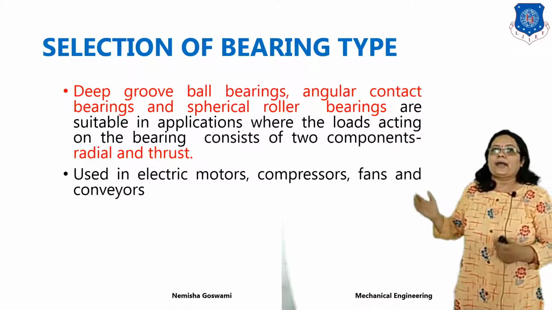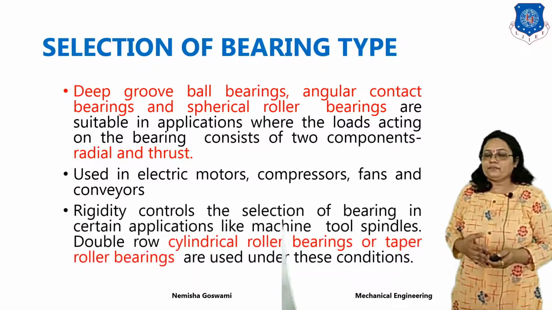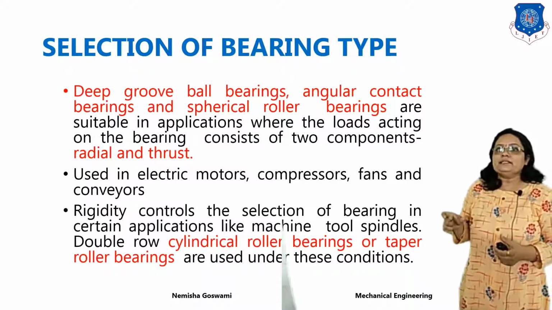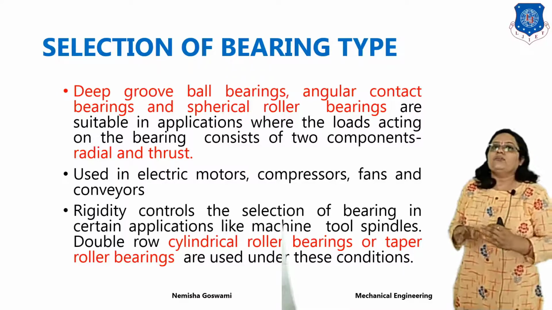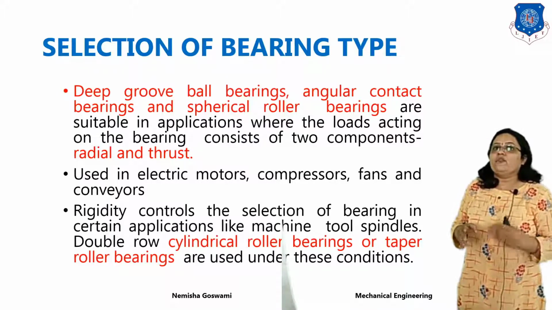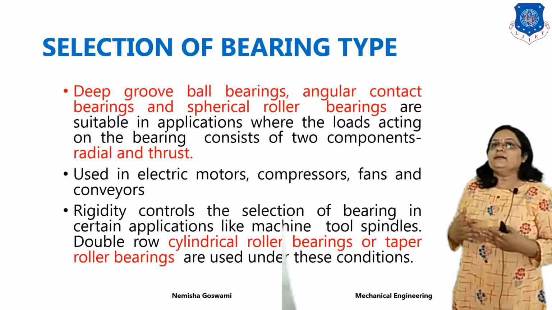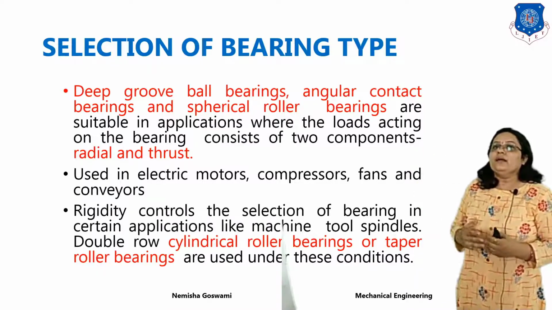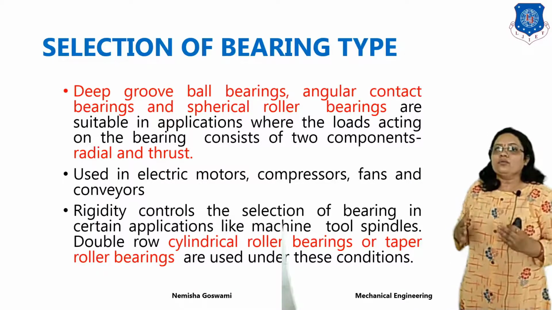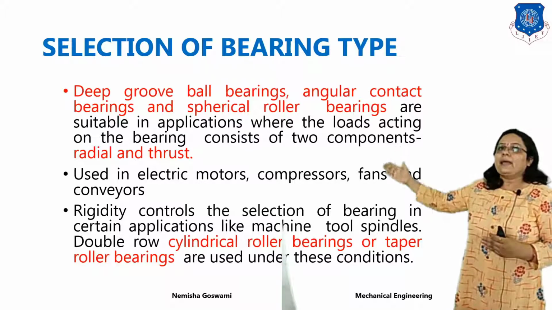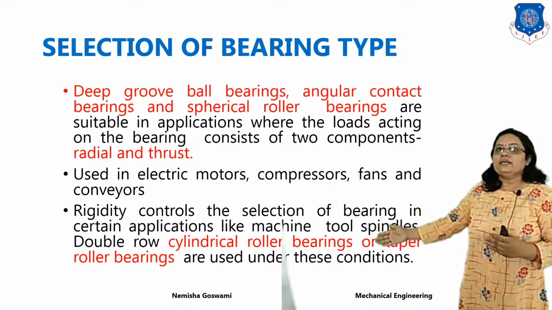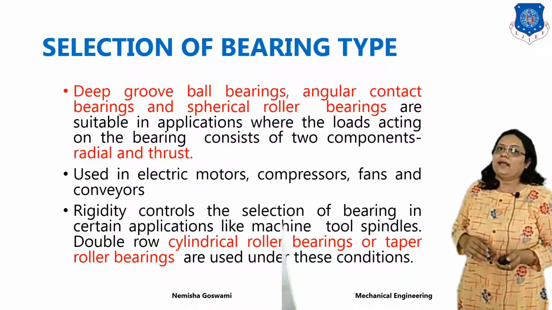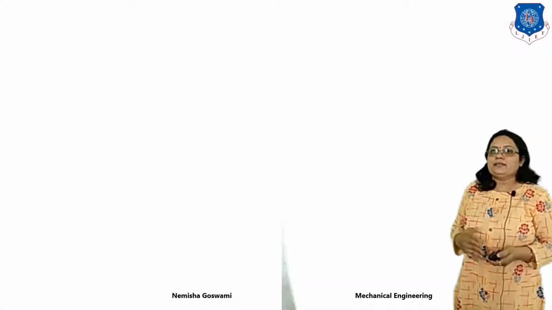When we talk about rigidity control, rigidity means they are rigid and will not allow any type of deflection, for example machine tool spindles. In this case we generally use double row cylindrical roller bearing or taper roller bearing. These bearings are used where rigidity is the main criterion. The example is the spindle.